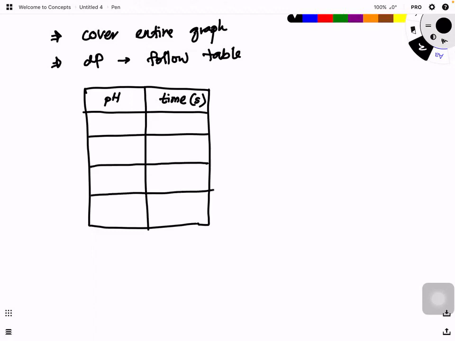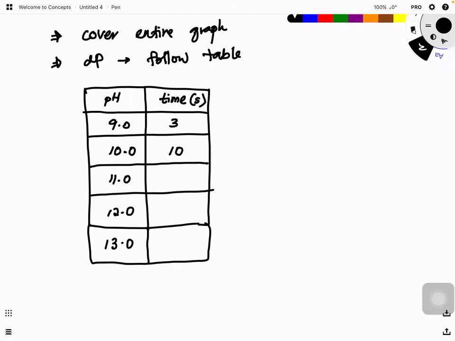I have 5 data points here. For pH, I choose 9.0, 10.0, 11.0, 12.0, and 13.0. For time taken, let's say 3 seconds, then 10 seconds, this one is 15 seconds, and then it drops to 5 seconds and 1 second, for example. pH and time, I don't care, I just simply put in this.